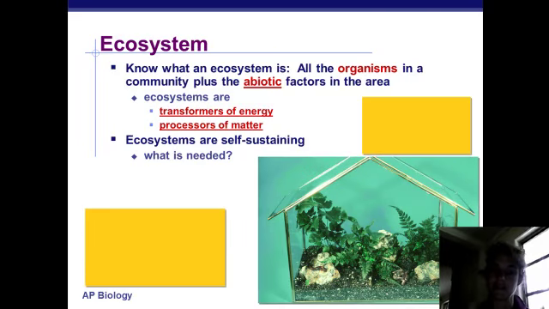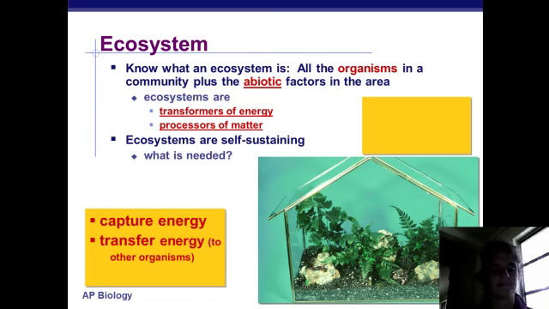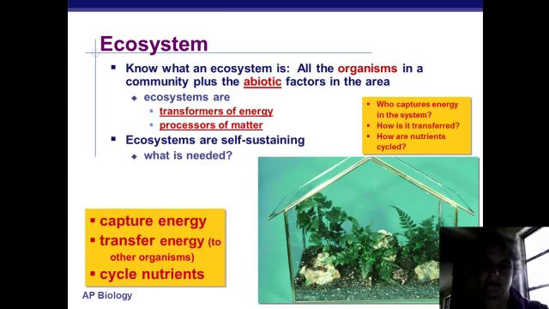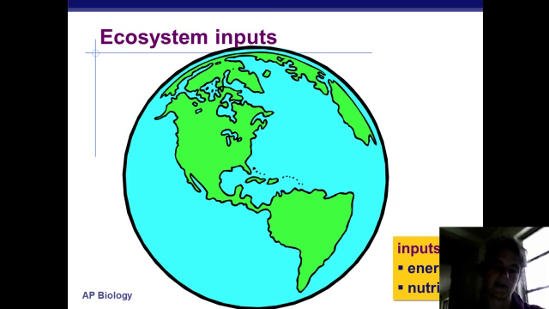Okay, so if there ceases to be an energy input, then you have an issue. If the sun is kabooey, then we've got a problem. Anyway, ecosystems capture energy, they transfer it to other organisms, and they also have to be able to cycle nutrients. Okay, and now what we're going to talk about is the nuts and bolts of that. How does all that occur?